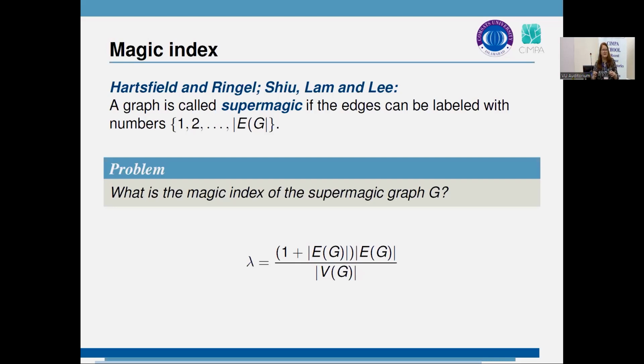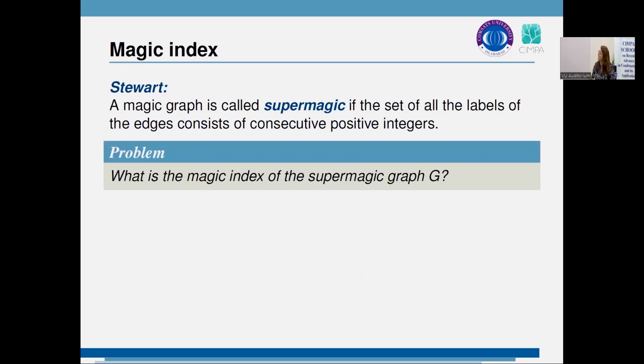So this will give us a very simple necessary condition for the existence of a magic or supermagic labeling. Okay, and now we consider the supermagic definition by Stewart. What will be the magic index?